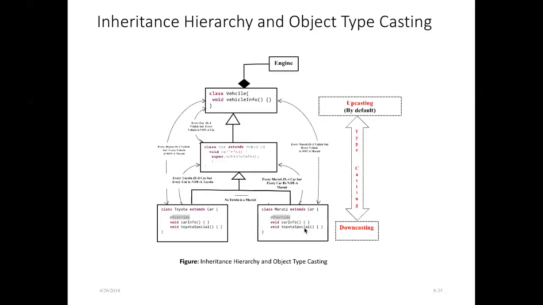In order to do this, we need to do downcasting. Downcasting is not automatic. Upcasting is automatic. This is why all child class objects can access parent class properties. But the reverse is not true and it's really difficult.